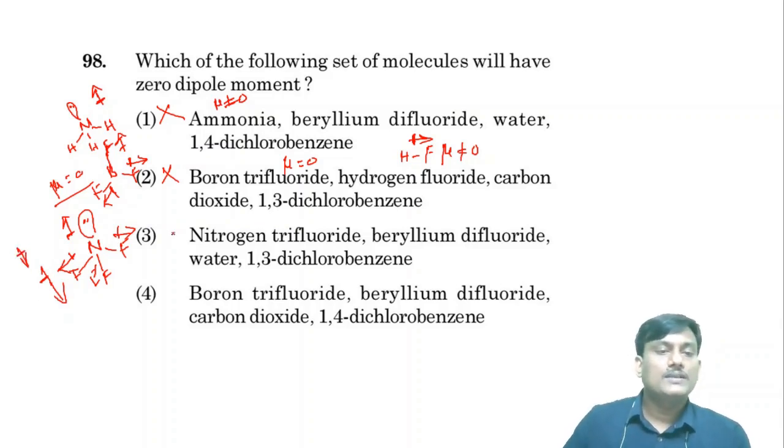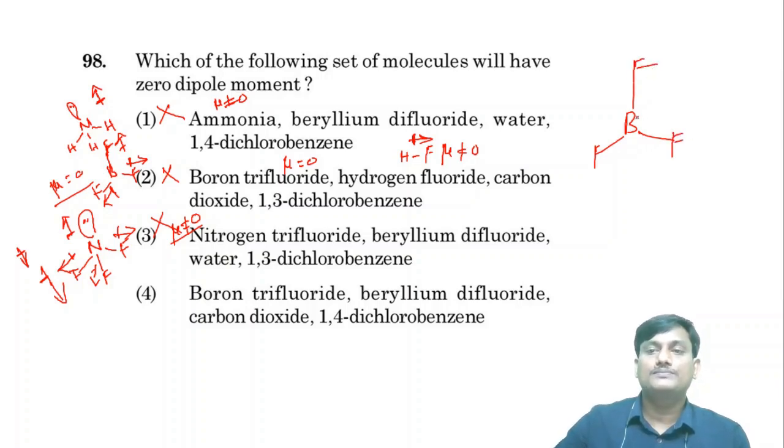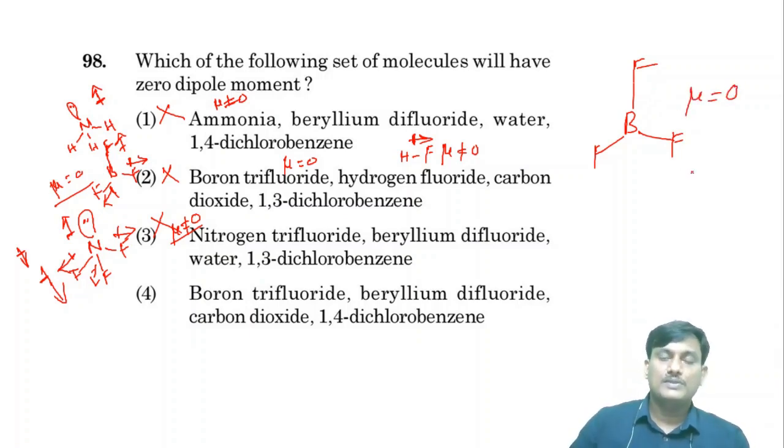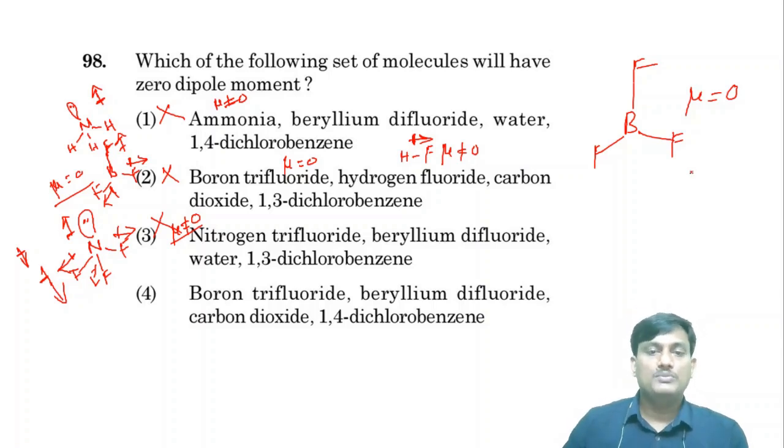So this one is polar, mu is not equal to 0. So you can eliminate this one also. If you take the fourth one, boron trifluoride, it's a planar molecule, the angle is 120, and the sum of the bond dipole moments, mu, is equal to 0.